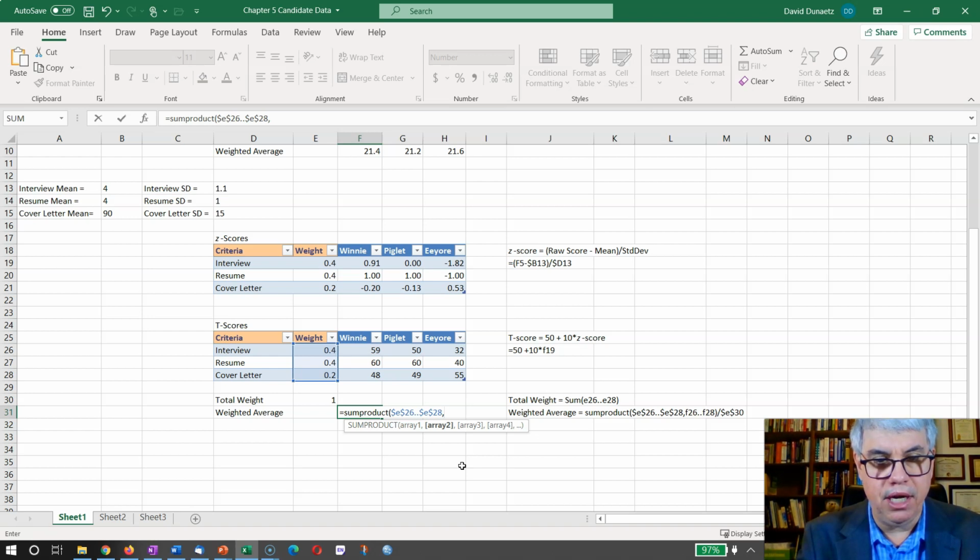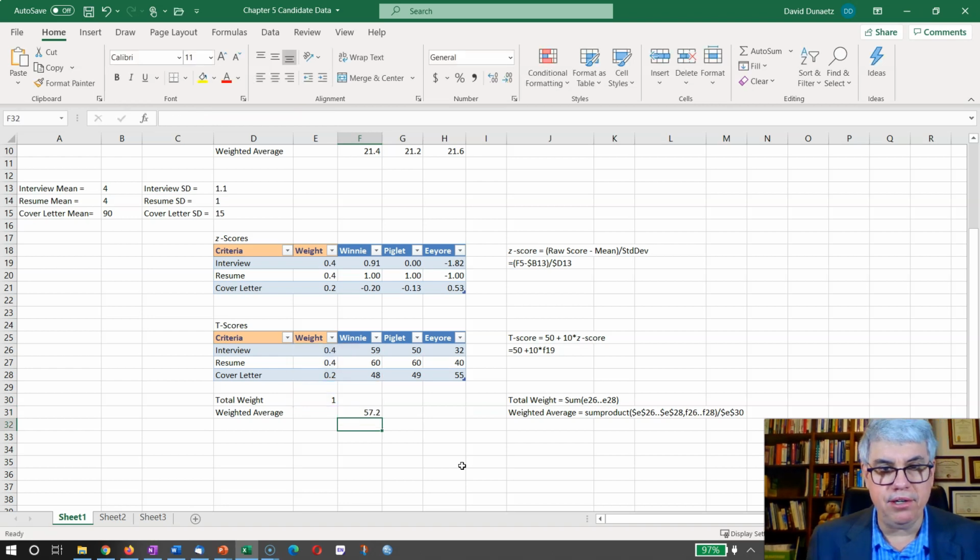We can do F26 to F28, and then we're going to close parentheses, and we're going to divide it by that total weight, which is in cell E30, and that's going to be an absolute reference. It's always going to be in that location, $E$30.